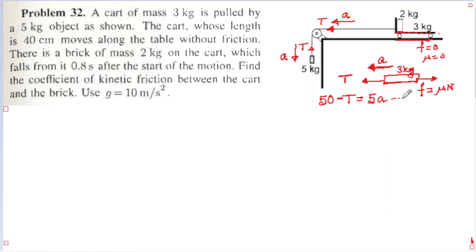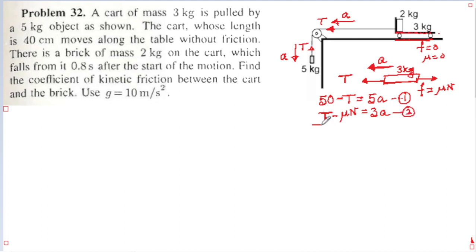Let this be our equation number 1. And if we consider the cart, then we can write T minus mu N equal to the mass of the cart, which is 3 kg, into the acceleration of the cart. So let this be our equation number 2.